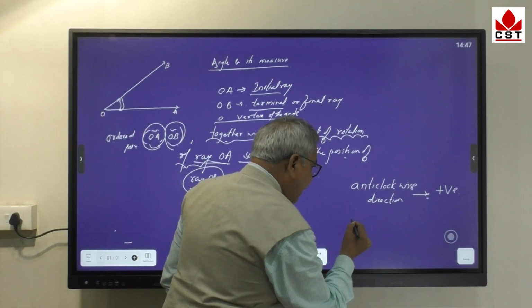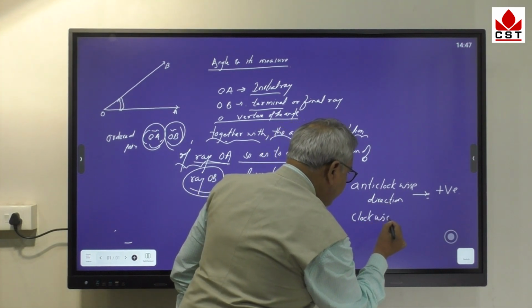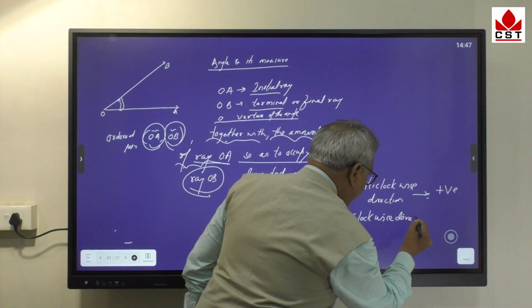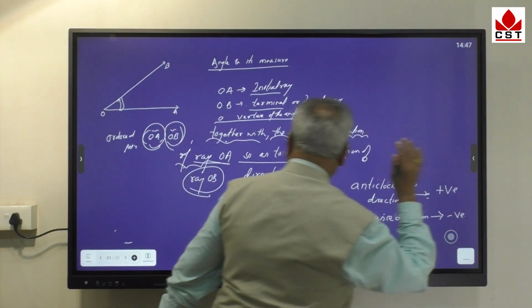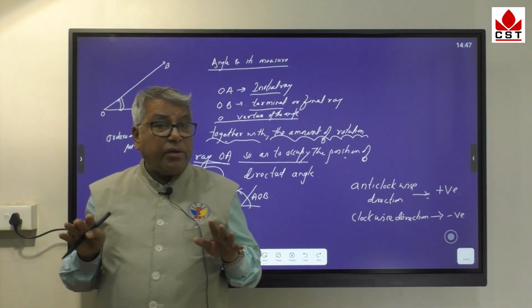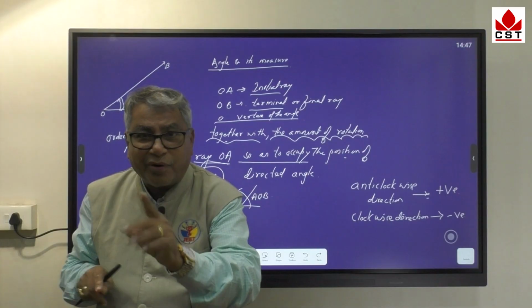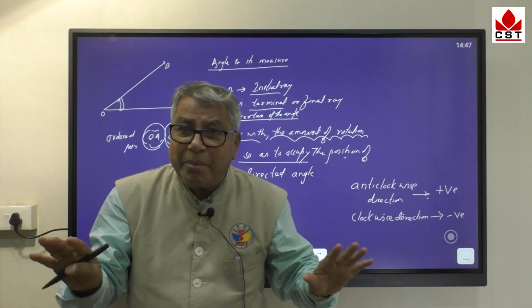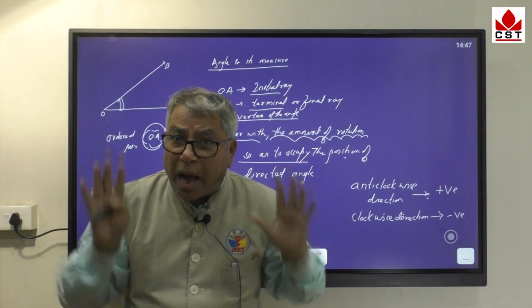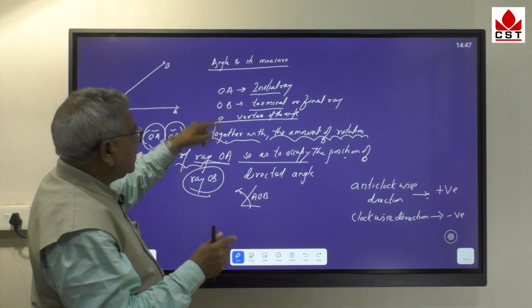And if it is in the clockwise direction, then the angle is considered a negative angle. I have not told you about degrees, 30 degree or 40 degree. I only know that angle is nothing but the amount of rotation of any ray. So this is the basic part.